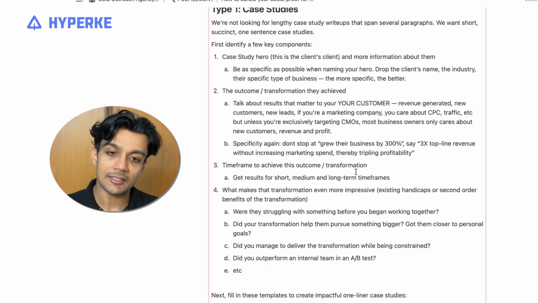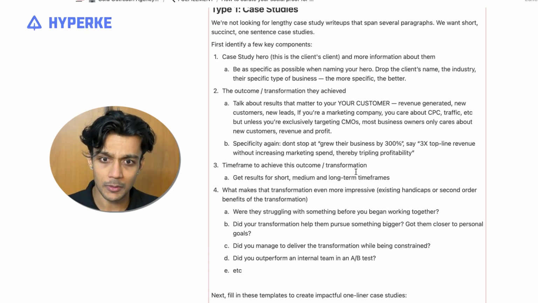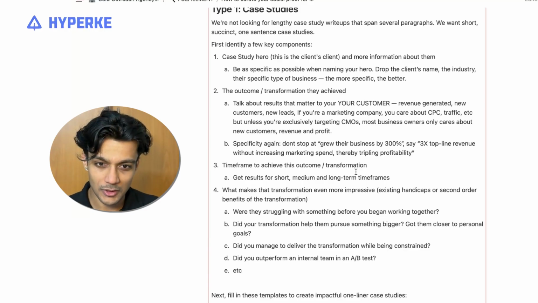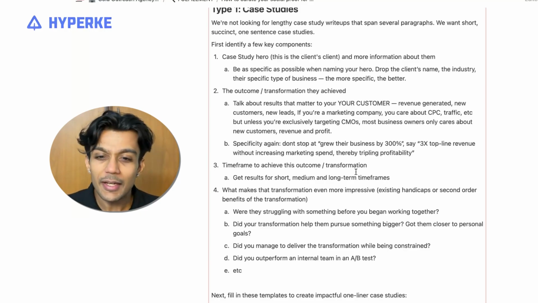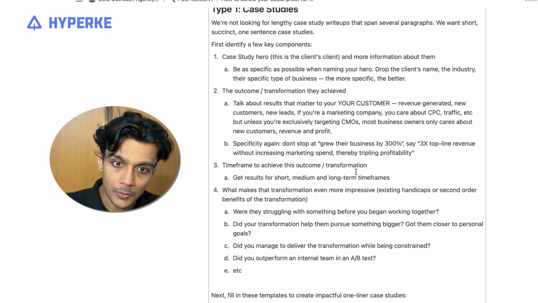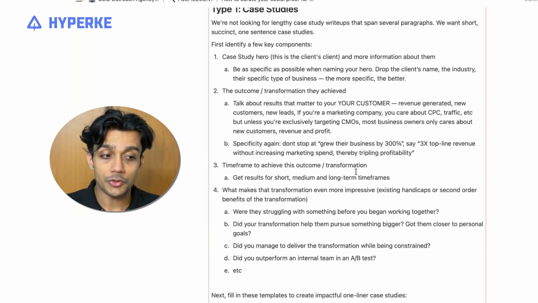Now, obviously, there might be exceptions. If you're working with the marketing department, they will care more about these specific metrics. If you're working with sales, they might care more about the number of SQLs, and so on and so forth. But make sure that your transformation and outcome is specifically talking about the outcome you produce and the outcome that the customers care about.